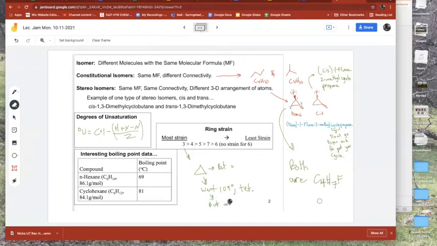An equilateral triangle has what bond angles? How much each? 60 degrees, yep, because they have to add up to 180.